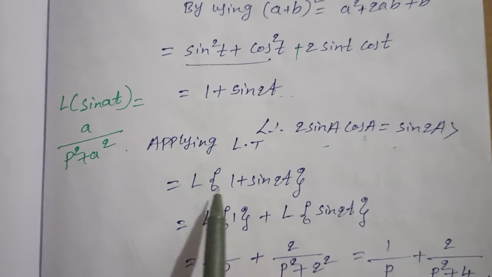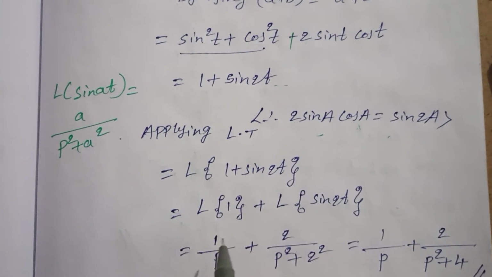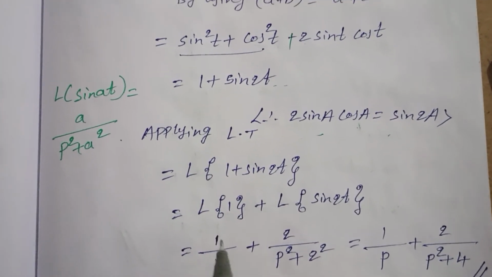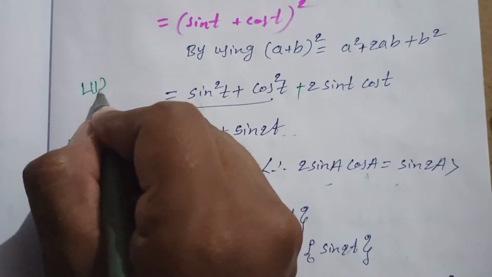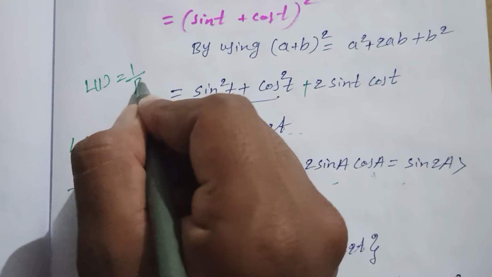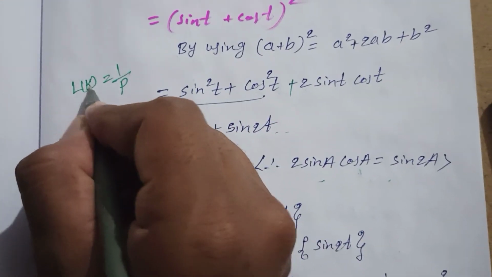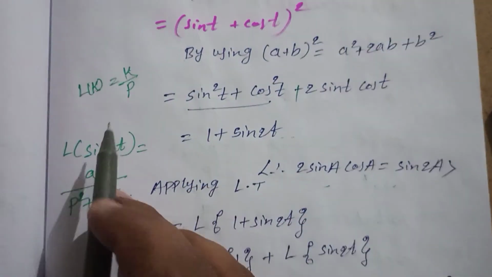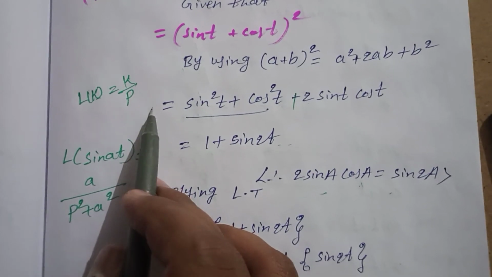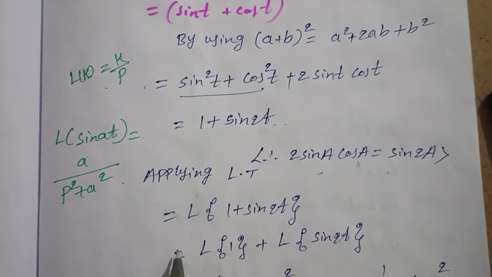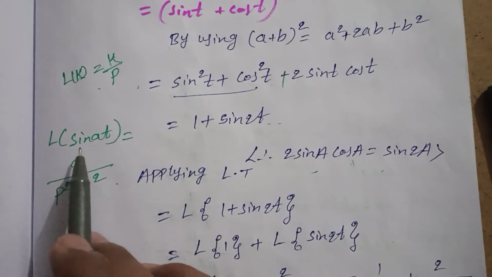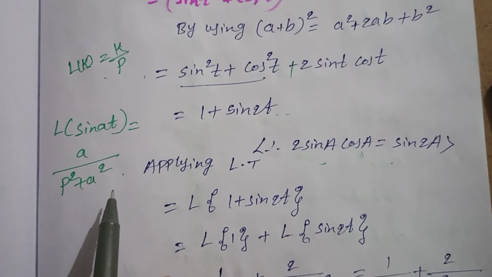If we apply Laplace for 1, we will get 1 by p. Already we said L of 1 is equal to 1 by p. Same you can say here also, L of k is equal to k by p. In place of k here we have 1, that's all. Next, L of sin at is equal to a by p square plus a square.